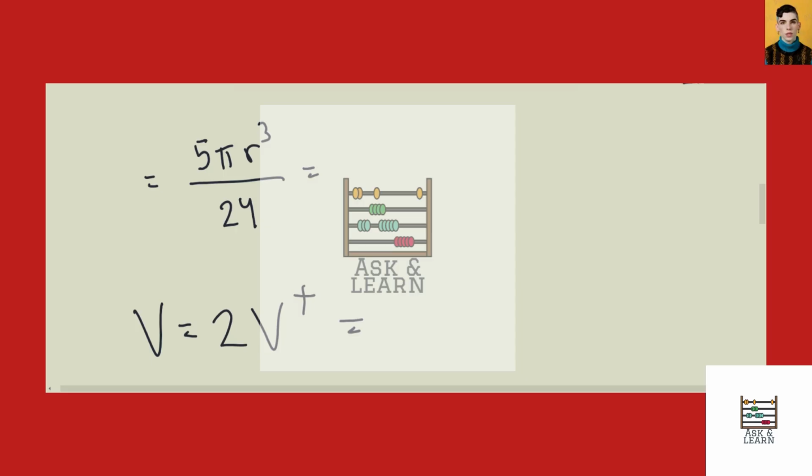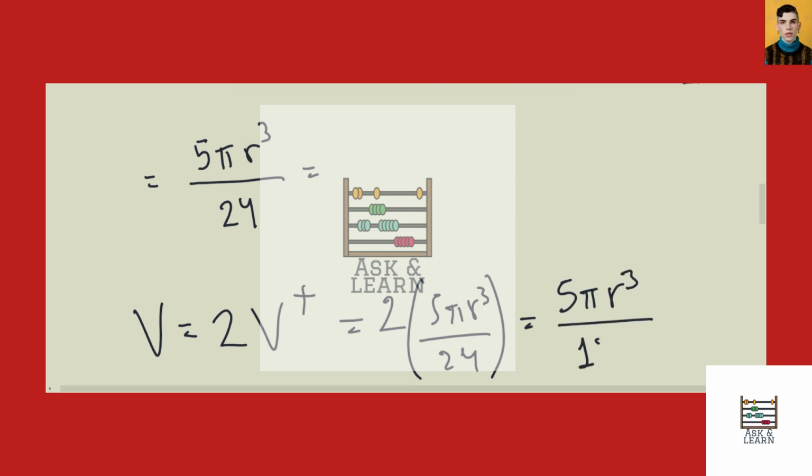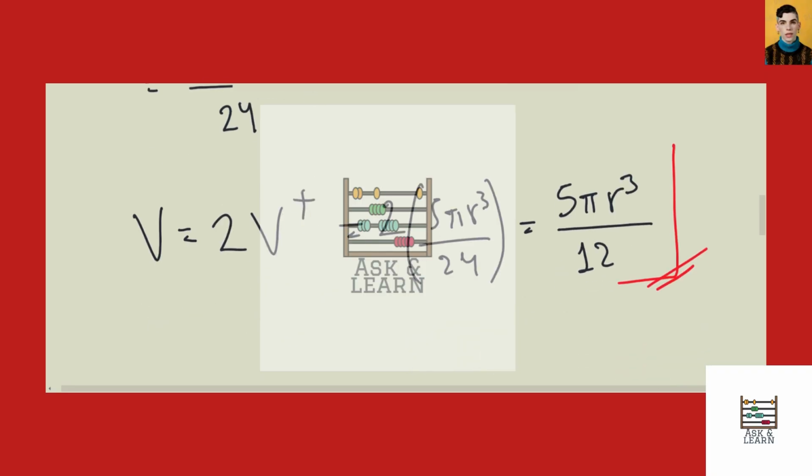So that will be 2 times 5 pi r cubed over 24, so this is 5 pi r cubed over 12. And this is the total common volume between these two spheres. So for this problem, this is the result. Thank you.